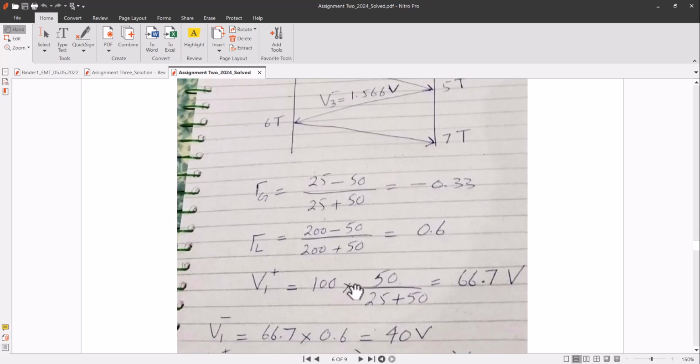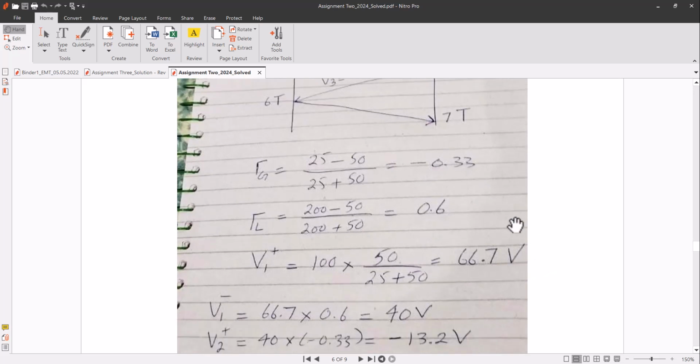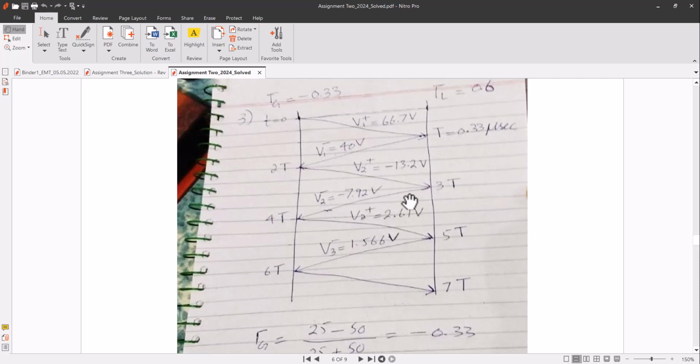And V1 plus is 100 times 50 over 25 plus 50, that is 66.7 volts. So this is our V1 plus. Here we will multiply it with the tau G, and we get V1 minus, and here we will multiply V1 minus with the tau L, and then multiply it with the tau G, and thus we get the V2 plus.